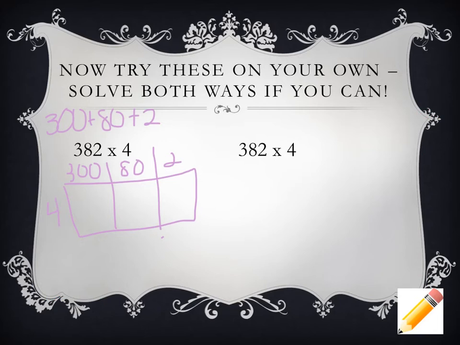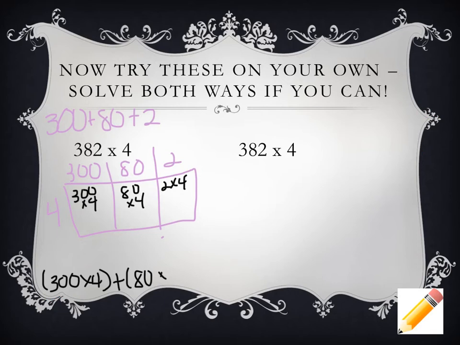The problems are then 300 times 4, 80 times 4, and 2 times 4. I can see my equation right here in this problem. My equation would be 300 times 4 plus 80 times 4 plus 2 times 4.